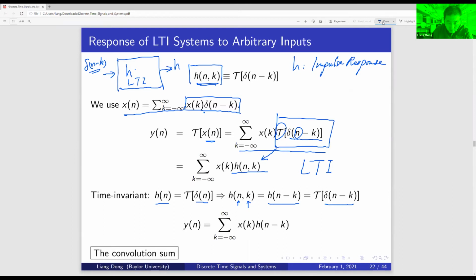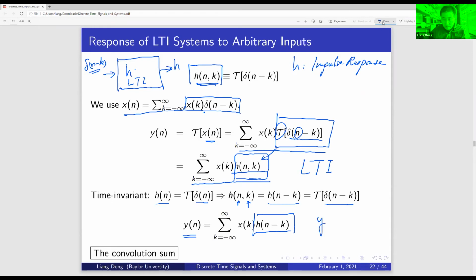So with that output signal y n, we replace this term by this term, so that's h n minus k. Okay, so that is the so-called convolution sum. That's the discrete time convolution.